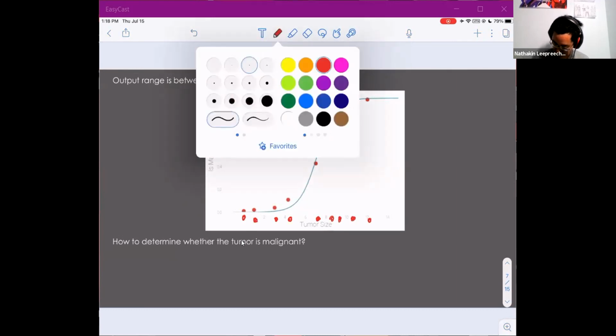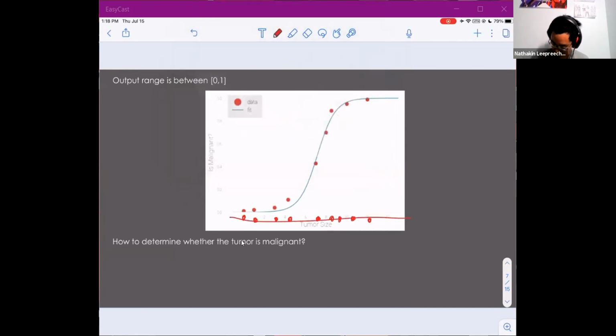The tumor size goes from here, going like that. And it has the data that lies on the line, ranged all over the place. So you want to project the data onto this blue line. Once you project it up, it's going to look something like this.